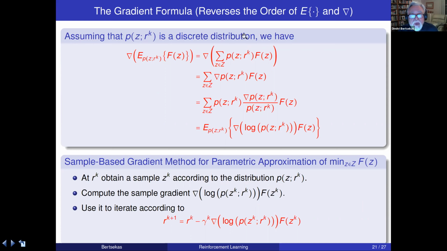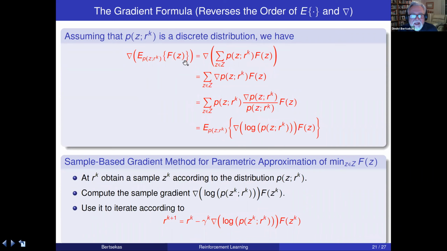However, you may note what this line says here: we assume that this is a discrete distribution. If it's a continuous distribution, then there are all sorts of mathematical questions that have to do with taking this expectation, because it becomes an integral over some arbitrary spaces.